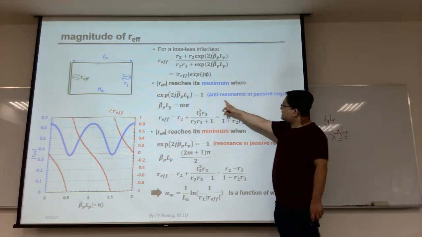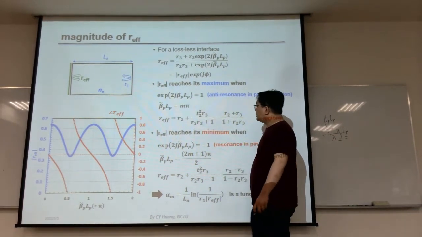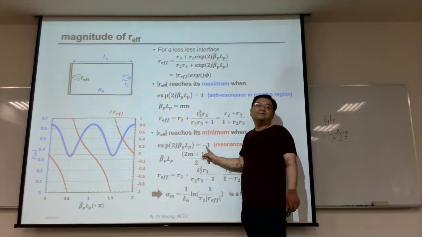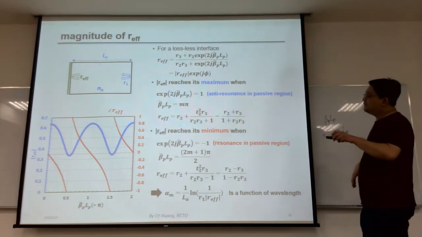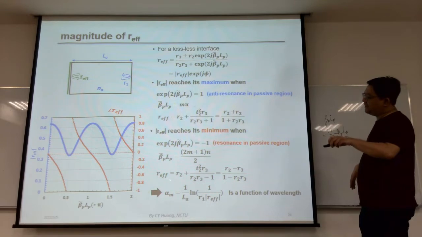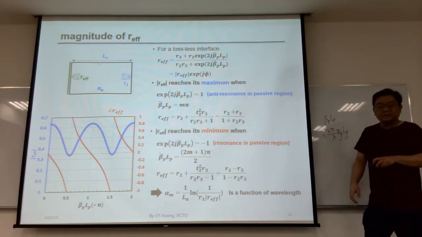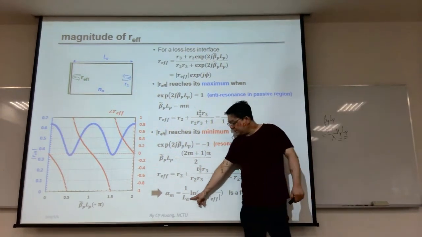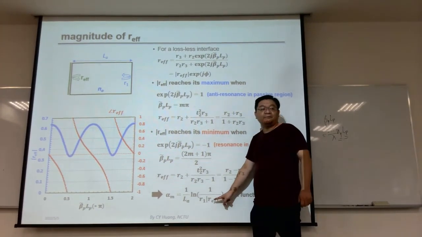Okay, so you just insert beta_p L_p as an integer multiple of half of pi. You will get a high value of R_eff and a low value of R_eff. And so the mirror loss is 1 over LA, so we directly use the LA here, times the log of 1 over R1 and R_eff.